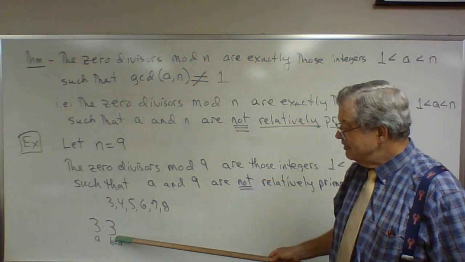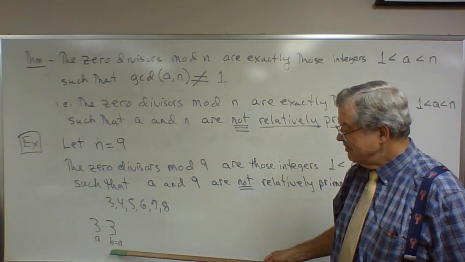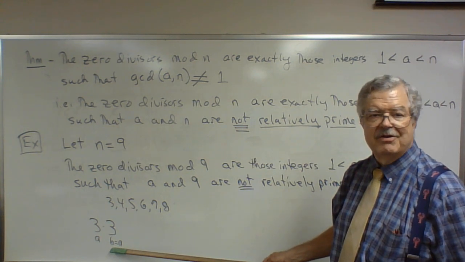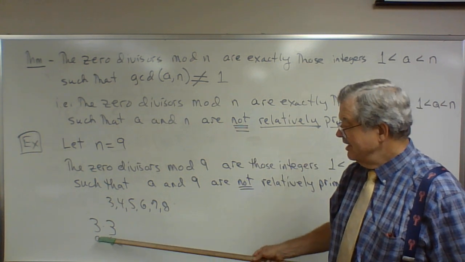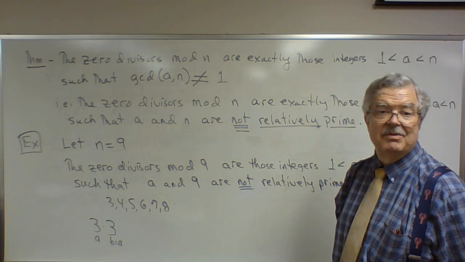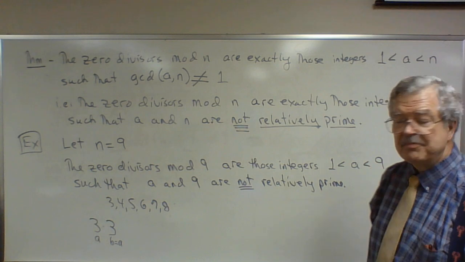And it turns out to be its own complement as far as a zero divisor pair goes. 3 times 3 is 9, which is congruent to 0 mod 9.